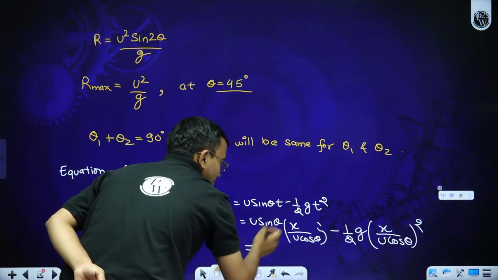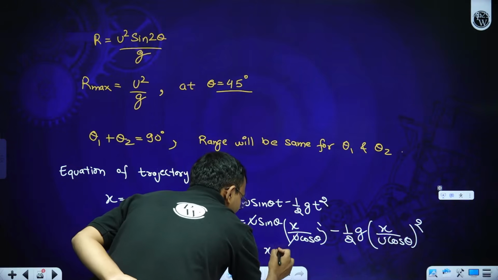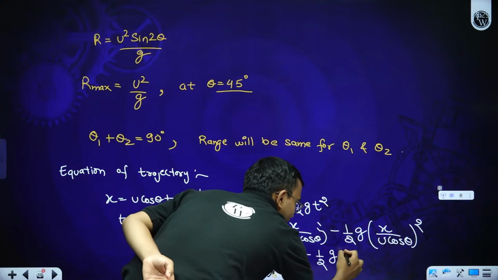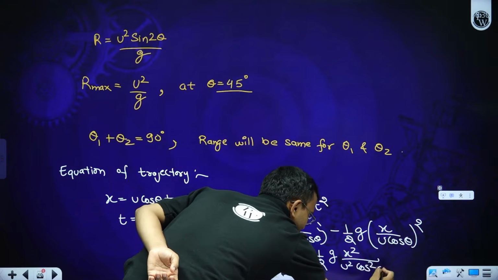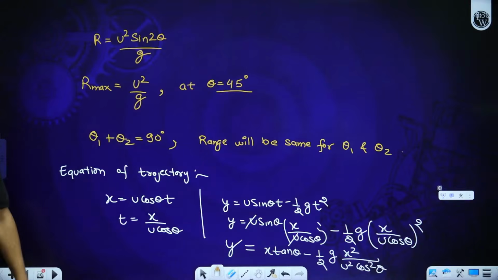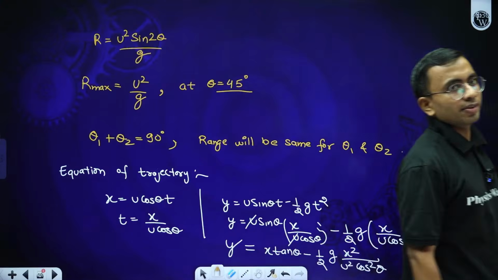So what it will become? u is getting cancelled. x tan theta minus half g x square by u square cos square theta. So this relation of x and y, this equation we call as equation of trajectory.